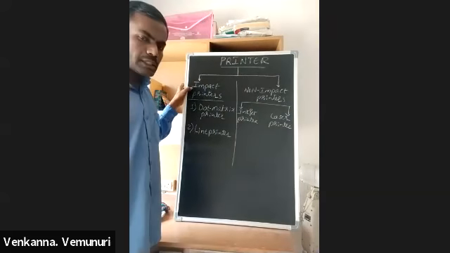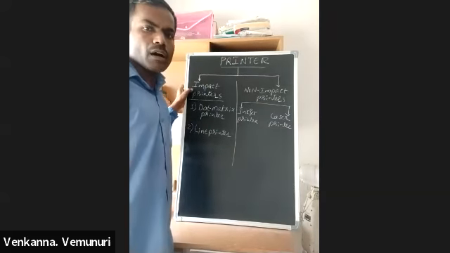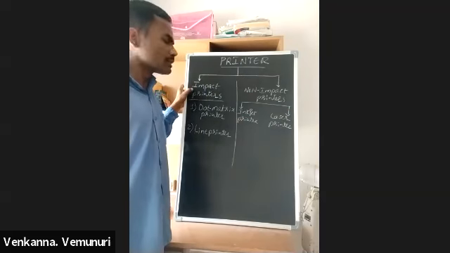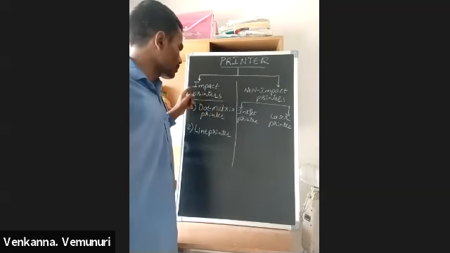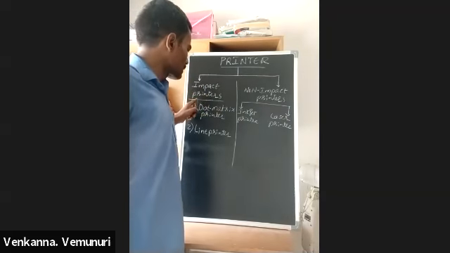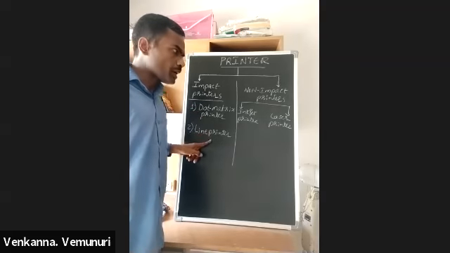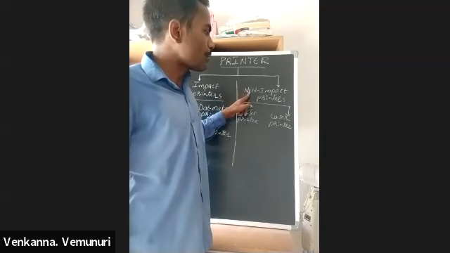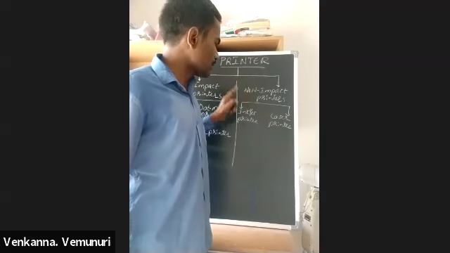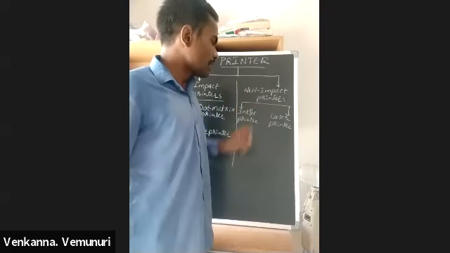Impact printer means it is creating an impression on paper, means one physical component directly strikes the paper. So impact printer examples are dot matrix printer and line printer. Non-impact printer examples are inkjet printer and laser printer.